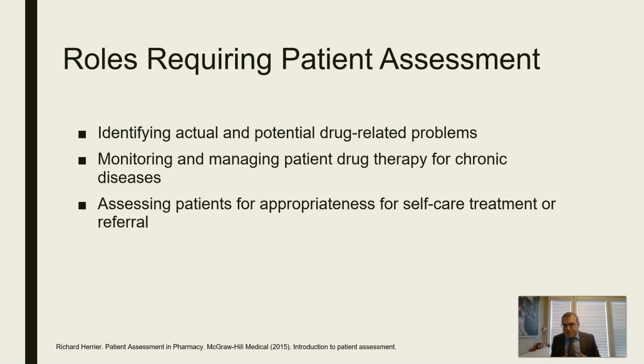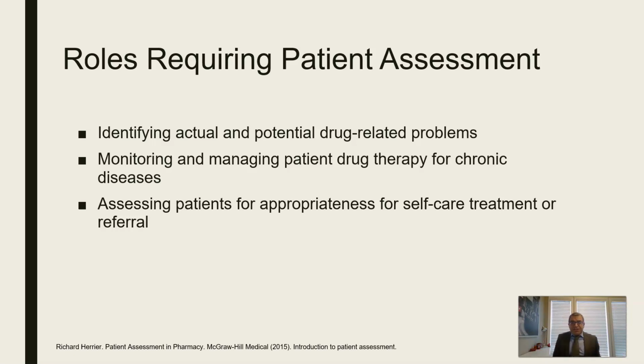Each time the patient comes for a refill, this is a good opportunity to assess the patient. Is the blood pressure under control? Is the patient taking medications as prescribed, in terms of patient adherence? Is the patient experiencing any side effects? So these are good opportunities for patient assessment.